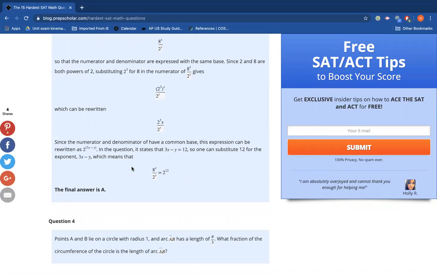Geometry. You guys could draw this if you want, or you don't need to. So question 4.